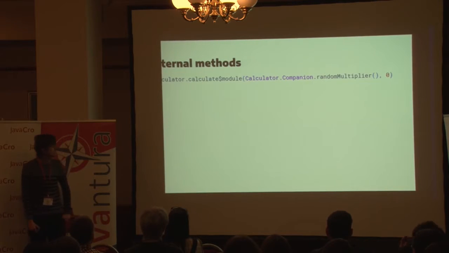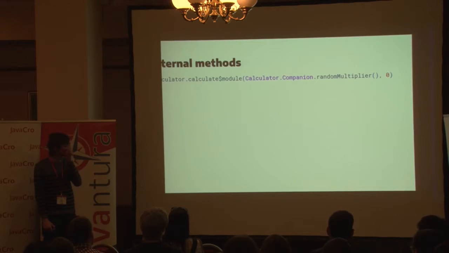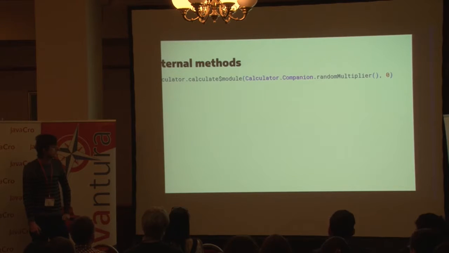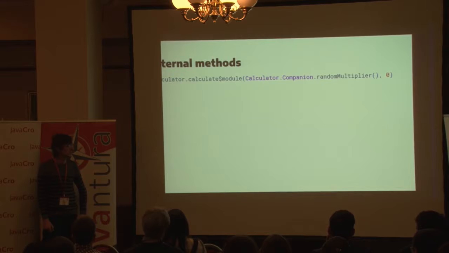Then we have this weird dollar module syntax. What happened there is that we had an internal method, and since in Java internal visibility doesn't exist, the best Kotlin can do is make the method public, but somehow discourage you from using it from Java.